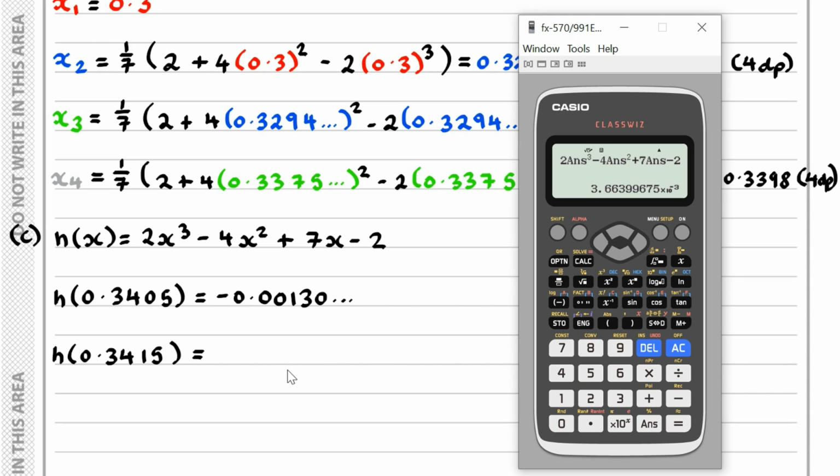What we end up with over here is 0.00366, etc.